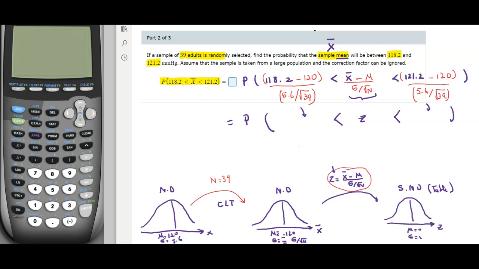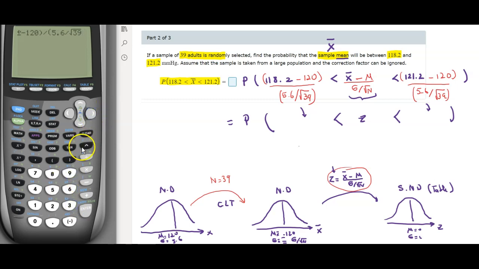All right, so let's do the calculator part. Here I'm going to start with the parentheses, 118.2 minus 120, close the parentheses, divide by, open the parentheses again, 5.6, and divide by the square root of 39.